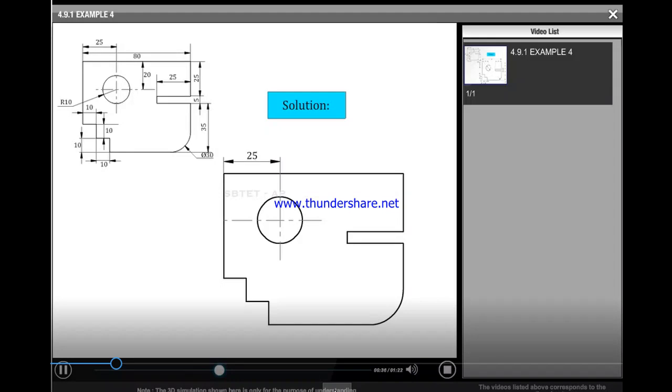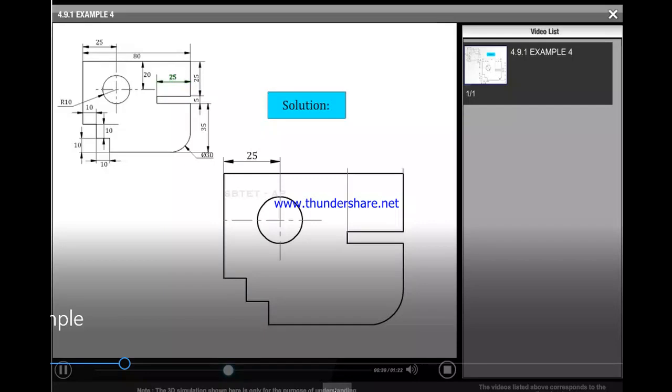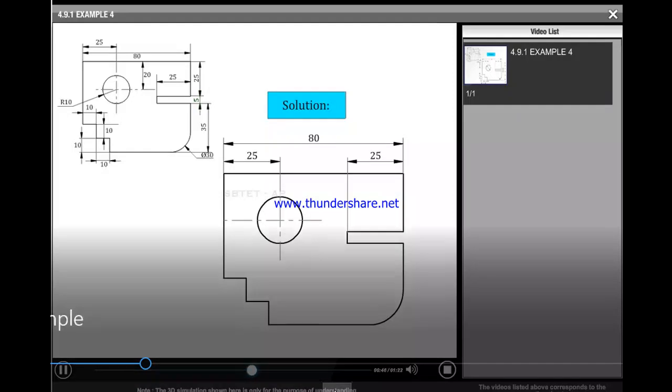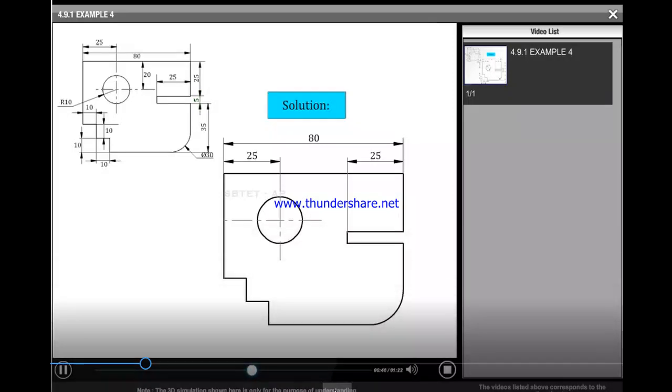While highlighting the information, you have to follow those indications. The vertical dimension is 25. All the dimensions should be placed so as to avoid overlapping. So that is one of the unidirectional representations.